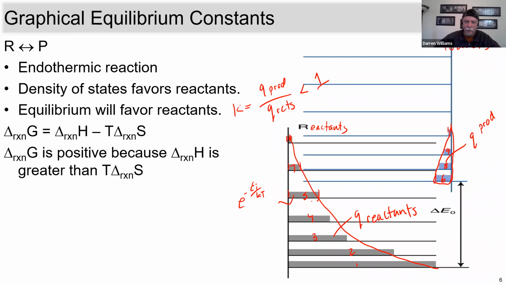So you see, we're numbering largest to smallest, and this 6 is inserted between 5 and 7. It's the next level. It just happens to be a product, but nature doesn't know what's a product and what's a reactant. It just lets these quantum states be populated.